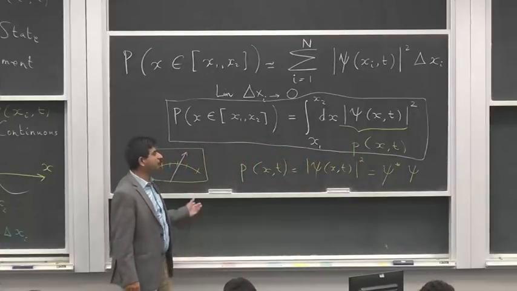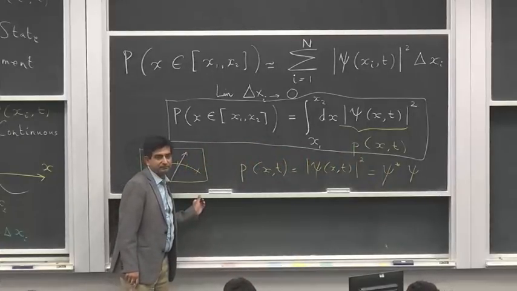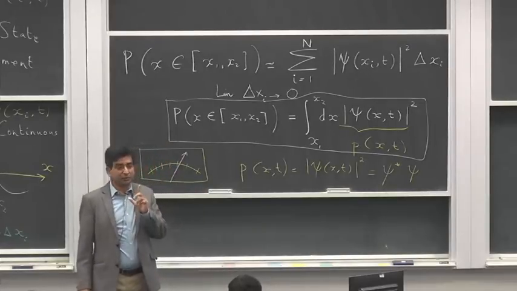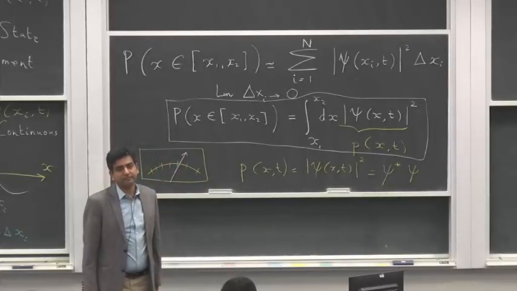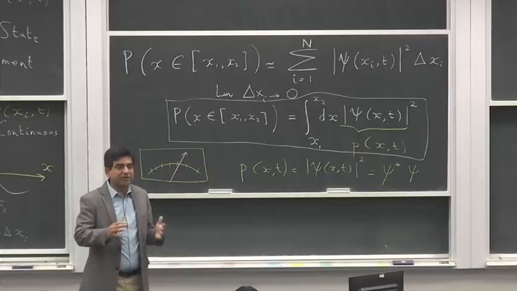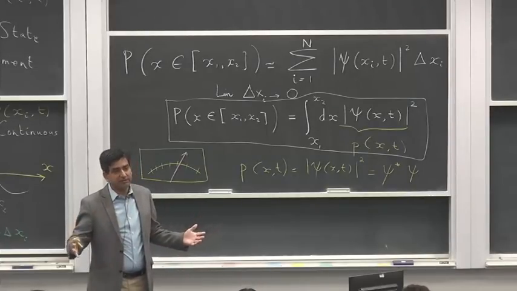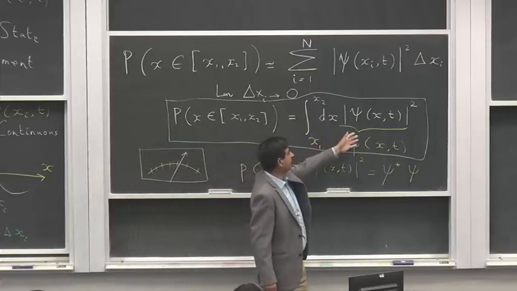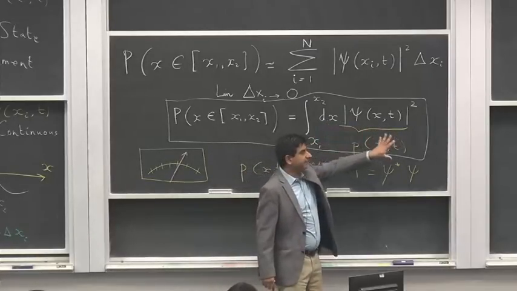This is the modulus squared of a wave function. So this is how I interpret the wave function. And the wave function gives me probability densities. And if I would like to find out probabilities, I would like to make this integral.